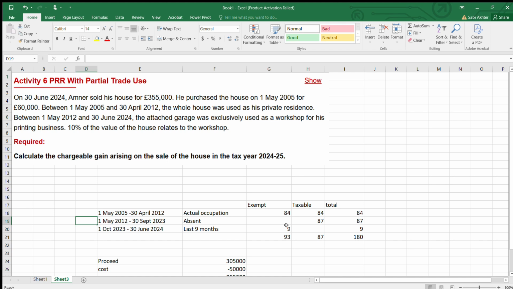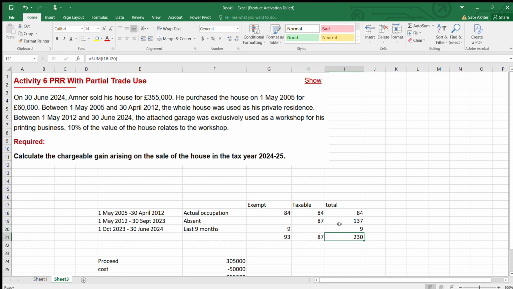So here the total is 11 into 12, with that we'll be adding another 5 months. You have to put brackets so that the multiplication is done separately. So it's 137 and the total is 230.